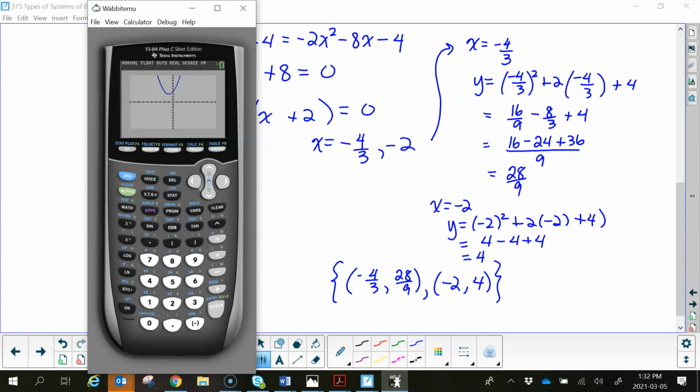If you do bring everything to one side to check to get your x values, just remember that that's not going to give you the y values. But now, if I do my intersection here, second trace intersect, enter, enter, enter, I get negative 1.3 repeating, which is negative 4/3, and 3, so that's 3 1/9, which is 3.1 repeating.